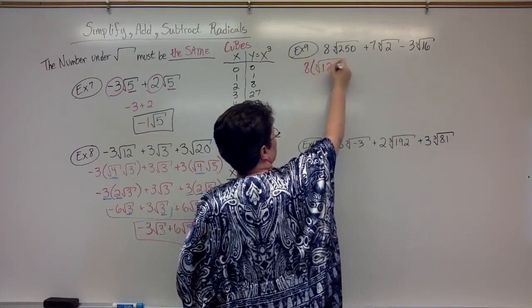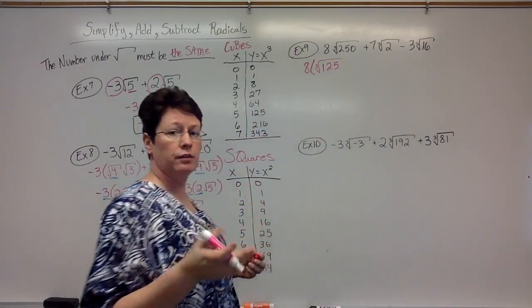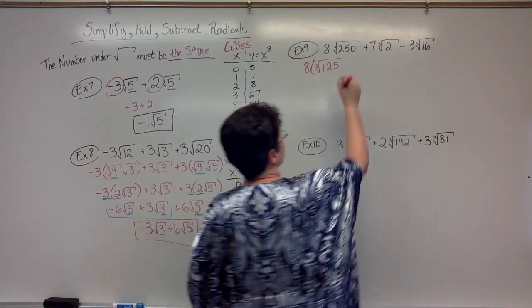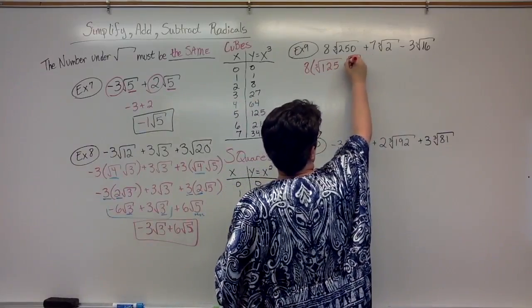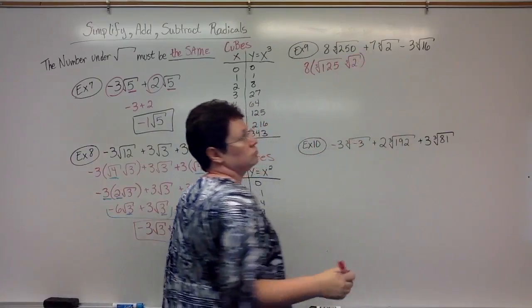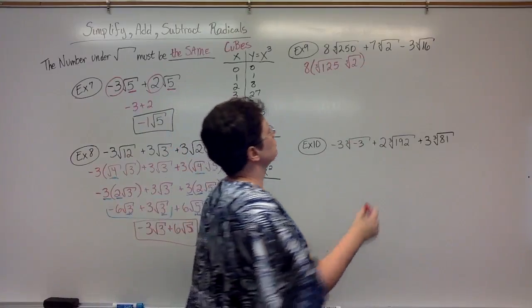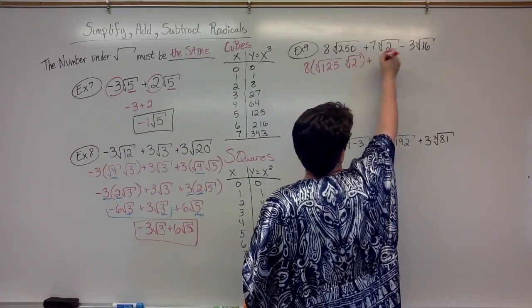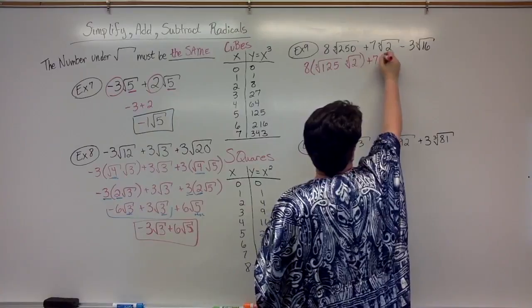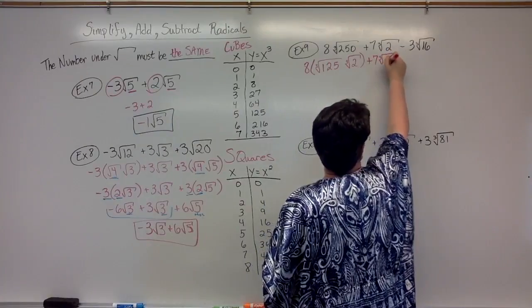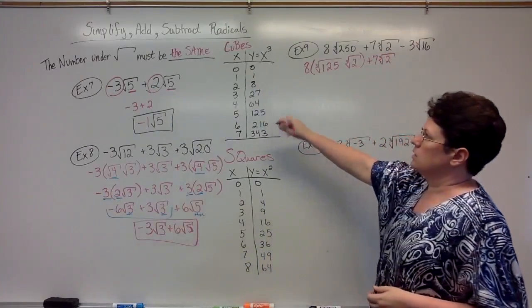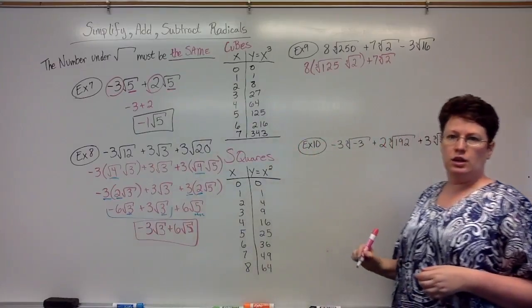What's in there? 125. Well, how many times will 125 go into 250? Twice. So I have a cube root of a 2. Easy enough. Now let's do second term. Well, it's 2, so it's going to stay because the only thing we can divide that by is 1, and it's not going to change it.